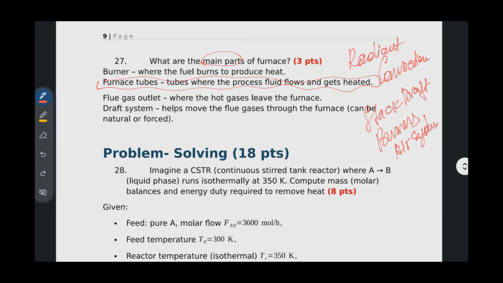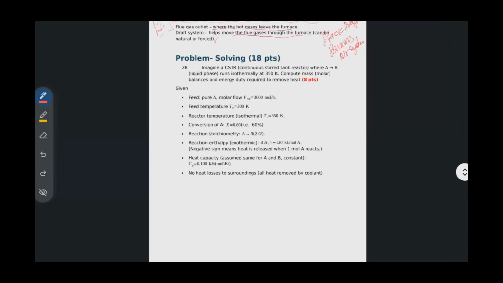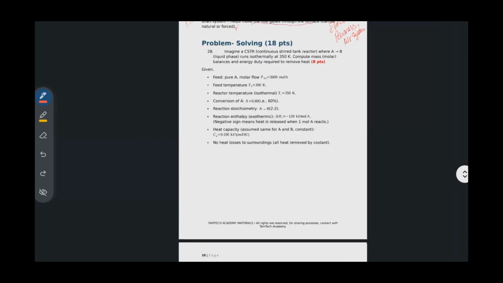Draft system helps move the flue gas through the furnace. Yes, natural or forced. Flue gas outlet, hot gases leave the furnace. Okay, but I'll give only 1 point, because the heart of the furnace is the radiant section and also the convection section. They should definitely be mentioned. Only 1 point.